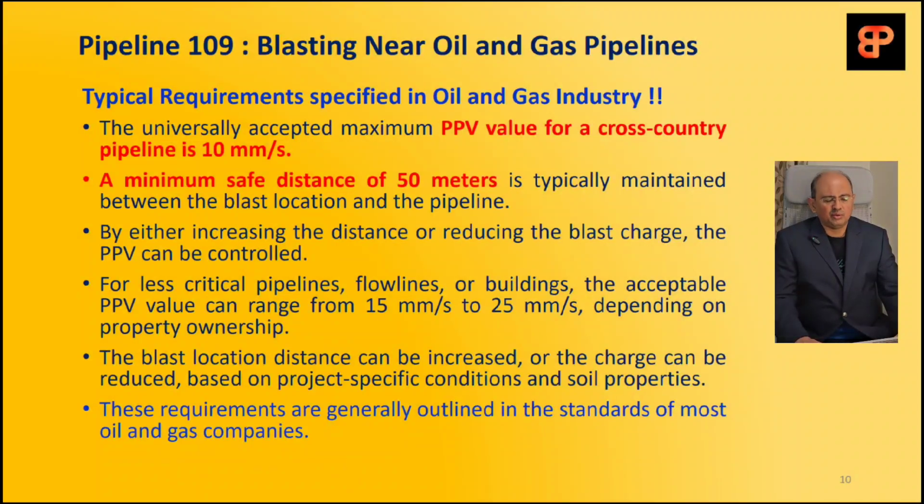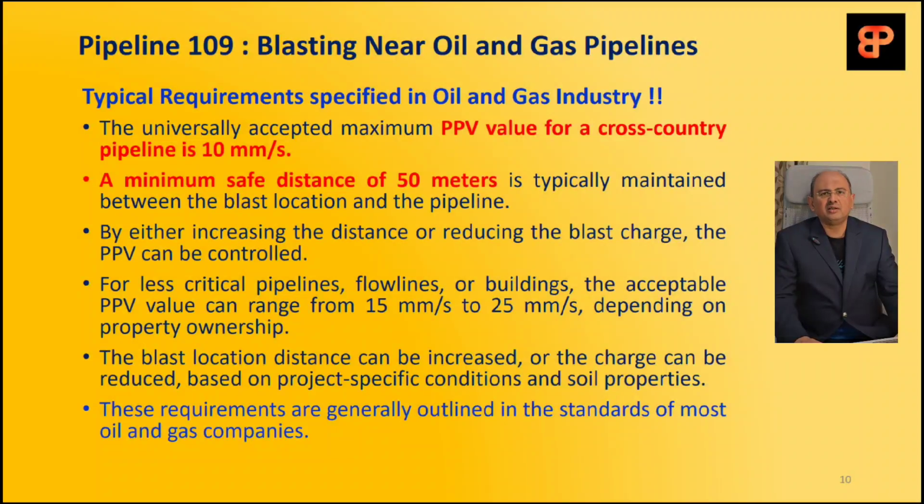Now, if you have to make it safer, or if the frequency is going to be slightly lower, or PPV is higher, then what you can do is increase the distance or reduce the blasting charge. By doing that, you can control the PPV and frequency. For less critical pipelines or flow lines or buildings, the acceptable PPV value can be slightly higher as specified in the table, which ranges from 15 millimeters per second to 25 millimeters per second, depending upon property ownership.